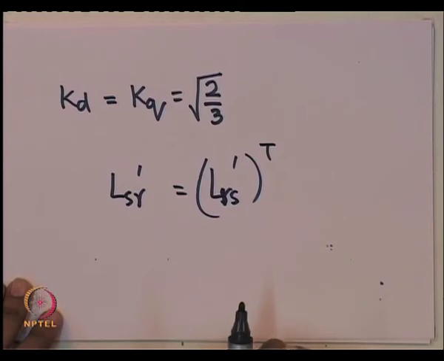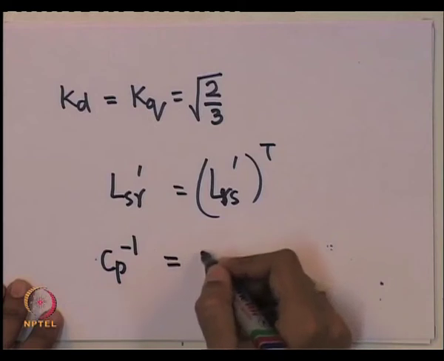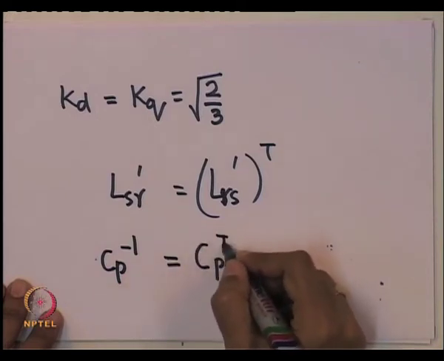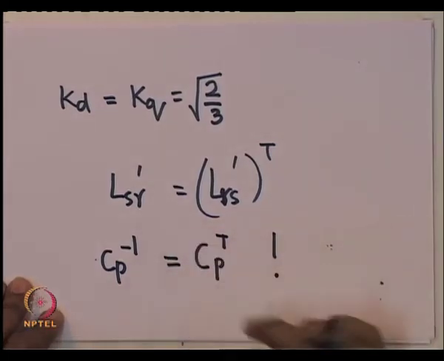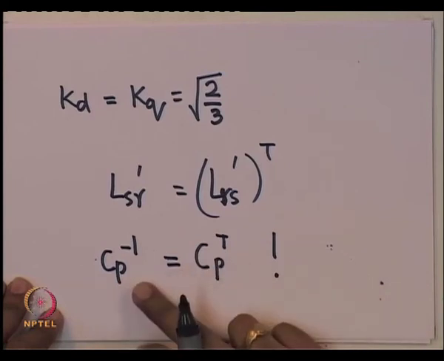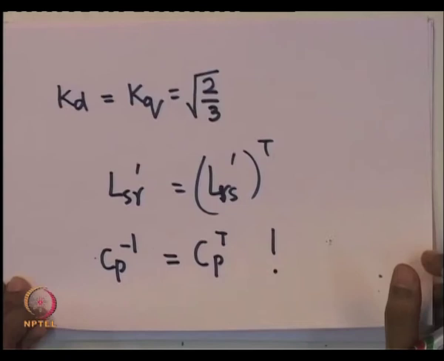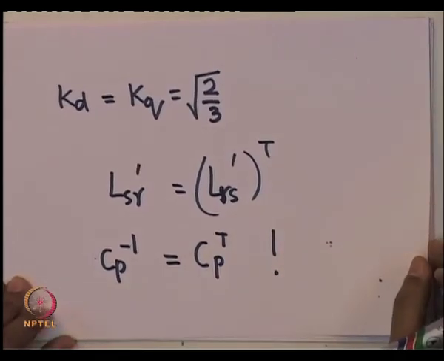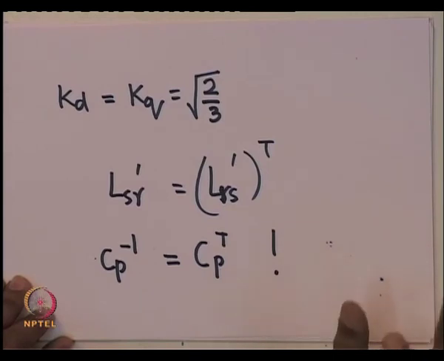Okay. Also, we will find that Cp inverse will be equal to Cp transpose. So, it is easy to remember, that could be one advantage of choosing Kd and Kq in this fashion. But let me repeat, Kd and Kq could be arbitrary insofar as our main objective of getting time invariant equations is concerned. Okay.